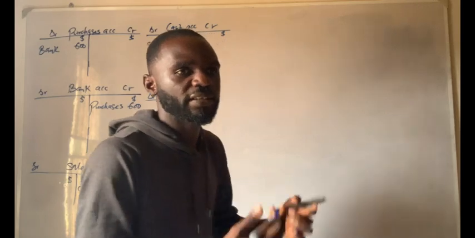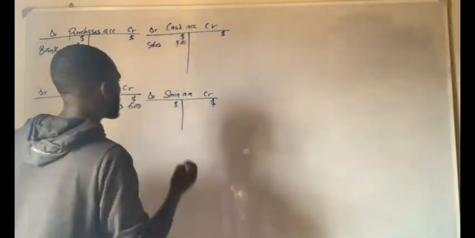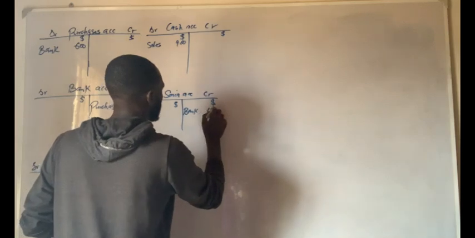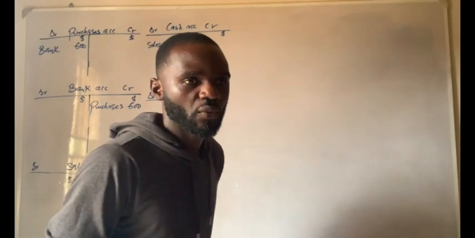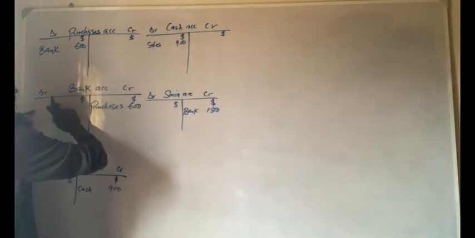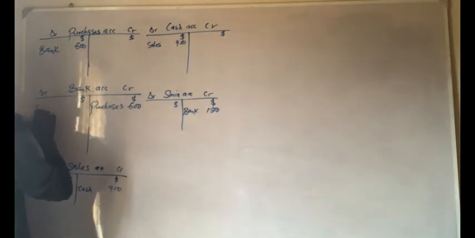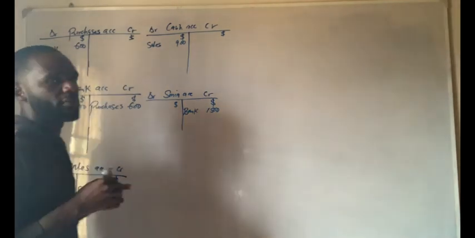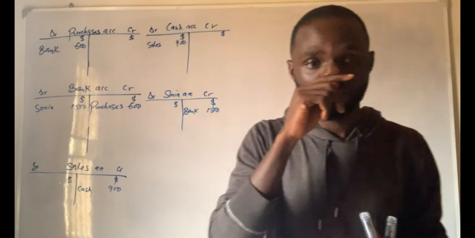Sonia is a giver, the bank account is a receiver. So Sonia, bank $1,500. Okay, so the bank now received from Sonia. This is a credit entry, so it has to be on the debit now, this side here. So the bank received from Sonia $1,500. That's a double entry, as simple as that.